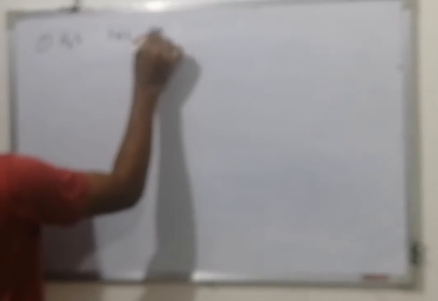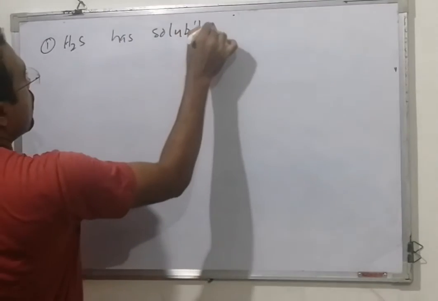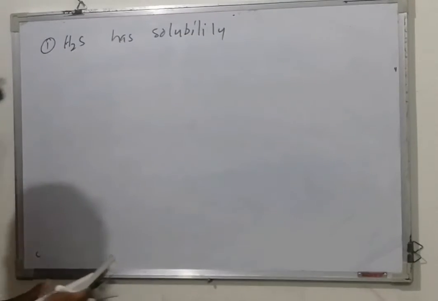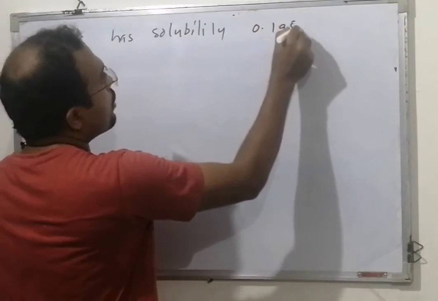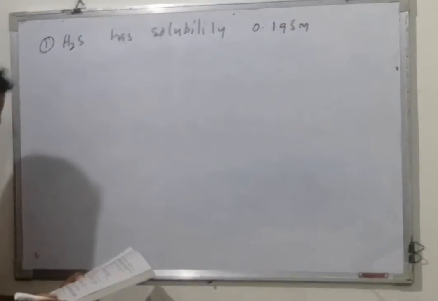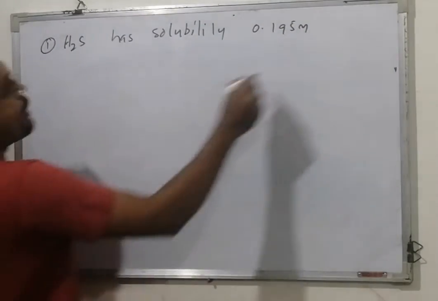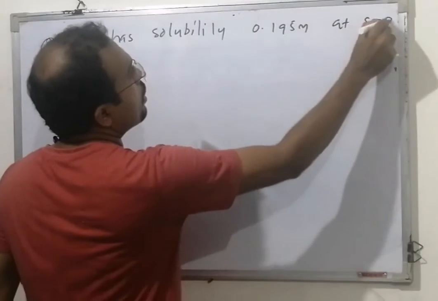First question. H2S has solubility 0.195 molality at STP in water.